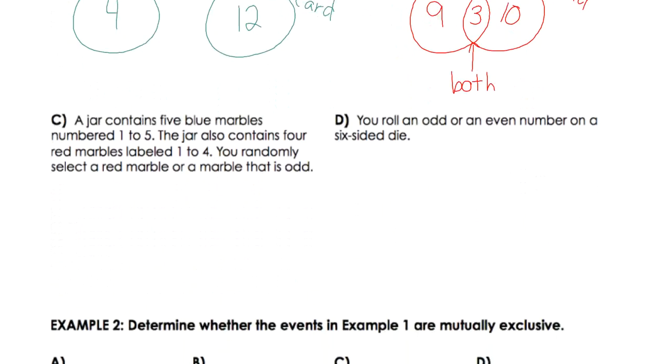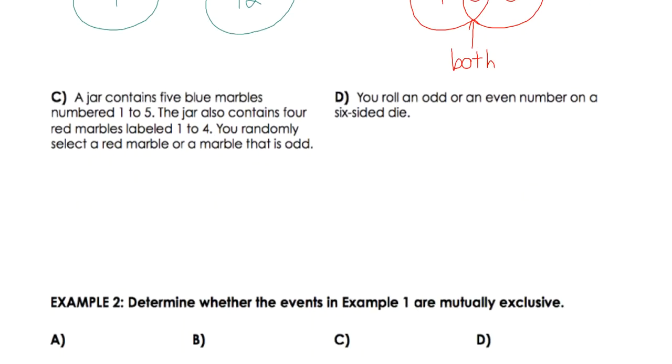All right, let's do 2 more. For part C, a jar contains 5 blue marbles, numbered 1 to 5, and 4 red marbles that are 1 to 4. You randomly select a red marble or a marble that is odd. So our 2 events are red and odd.